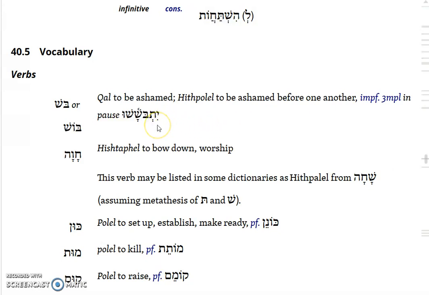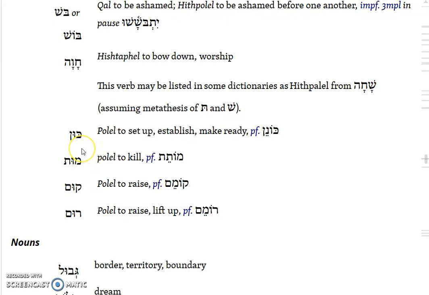And there it gives you a form, hitboshashu. And then chava, that's the one that's really common, meaning to bow down, to worship, to prostrate oneself. And again, Brown Driver Briggs analyzes it as a shachah root, but really the root appears to be a chet vav he.